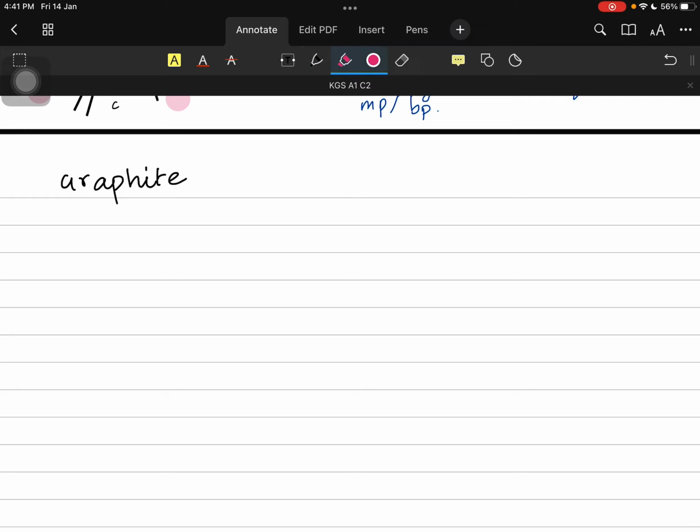So graphite is also a form of carbon. Graphite also has carbons in it, but the issue is that graphite has a little different structure. So I'm trying to draw it over here, and we'll see how the structure is overall similar or different. That turns out to be something like this. It's going to be like this over here and over here.